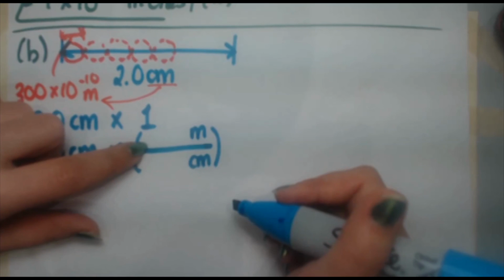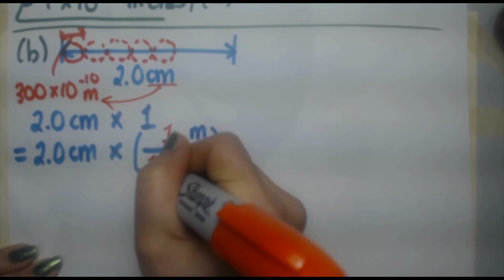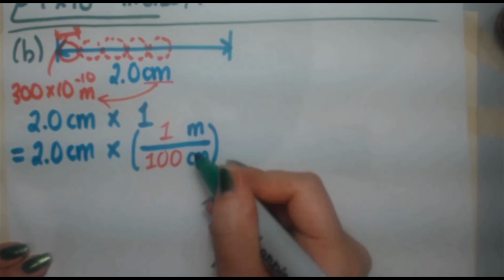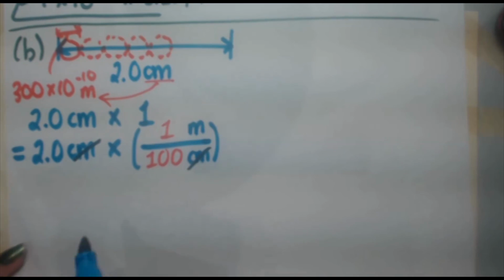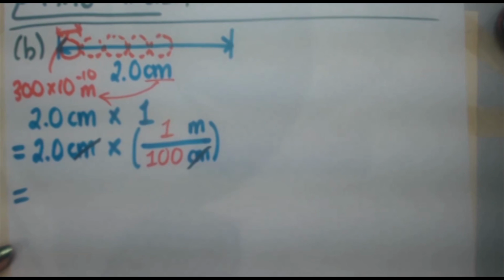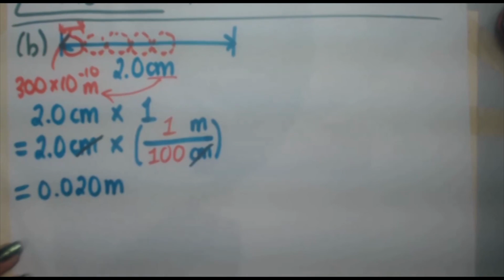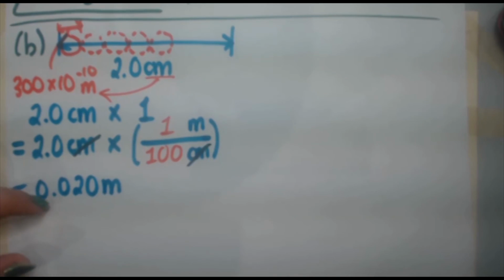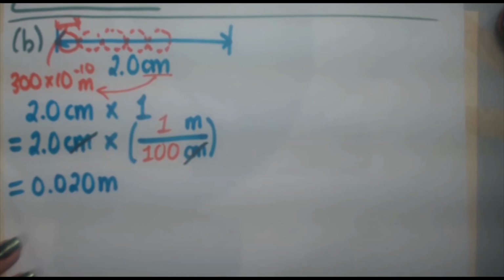The ratio of meters to centimeters, which equals 1, is 1 meter over 100 centimeters. Doing that cancels out your centimeter unit. So you're left with 2 divided by 100, which is 0.020 meters. If you're used to the metric system, you probably could have done that in your head. If you're not used to it, don't sweat it. You just have to practice doing it like this. Again, this works for every single scenario, as I just showed you.